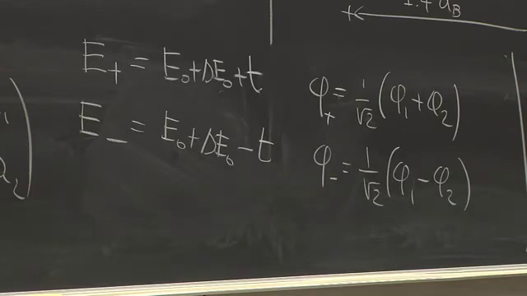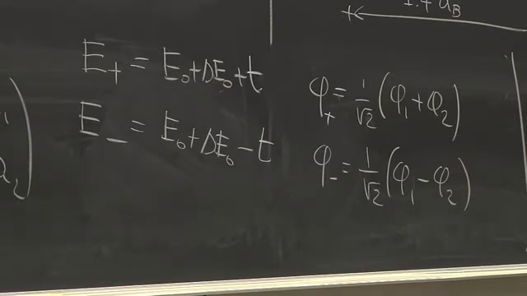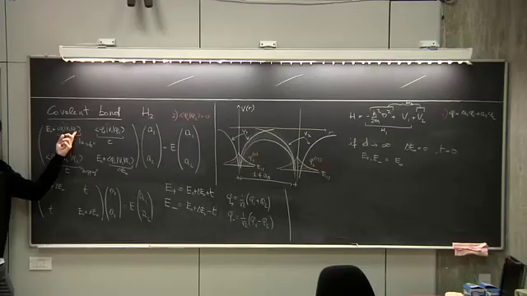Let me discuss briefly the sign of these terms. What can I say about the sign of delta E naught and T? Well, not too much, in fact. It depends on what the wave function is. Delta E naught, for example, is the product of phi 1 and V2. So it really depends what phi 1 and V2 are. But, well, the product phi 1 squared is certainly a positive function.